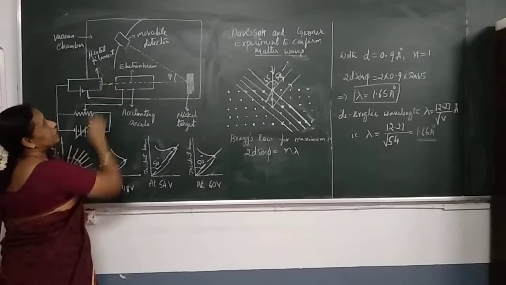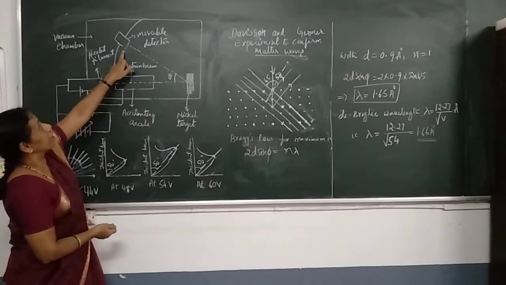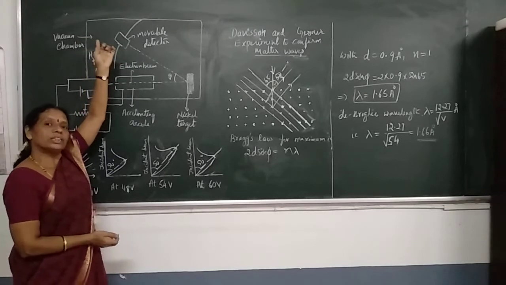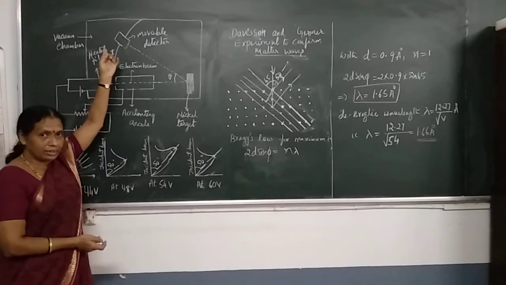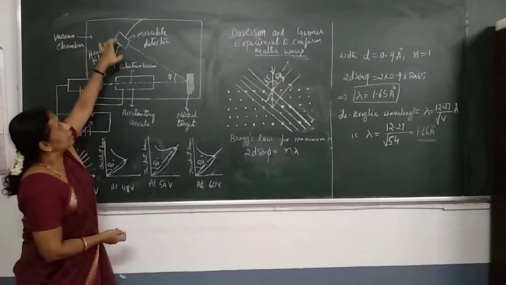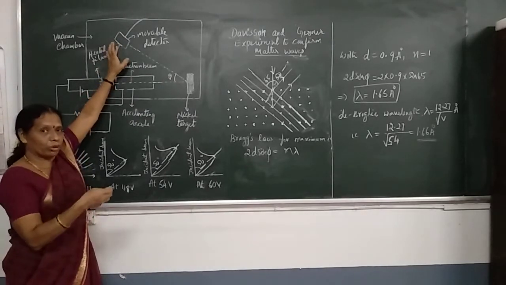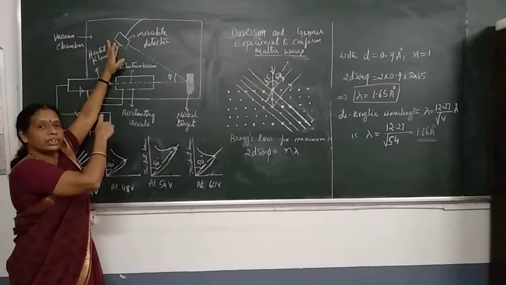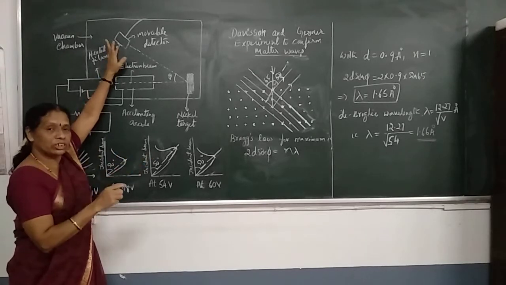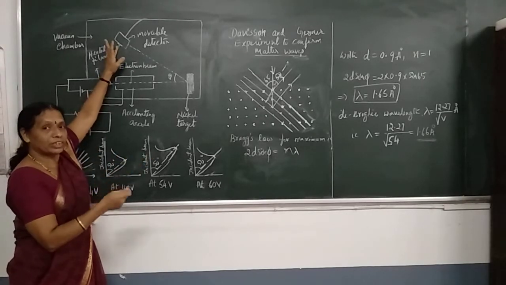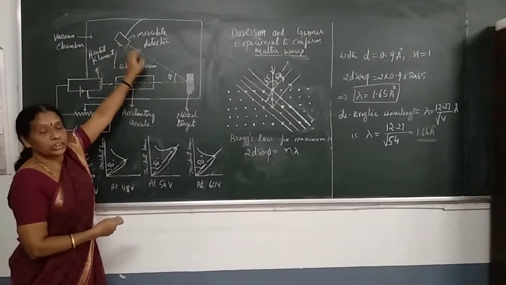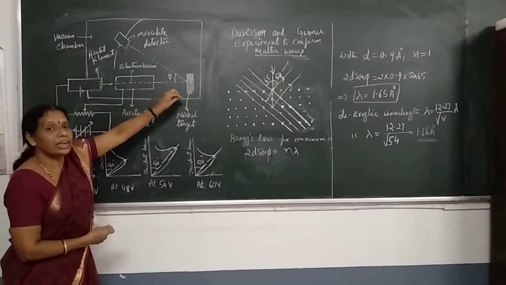And this movable detector is not shown here. It is connected to the galvanometer, so that whenever the detector collects the deflected electrons, the galvanometer shows deflection, or it measures the current, or it shows the intensity of the electrons deflected with that particular angle.